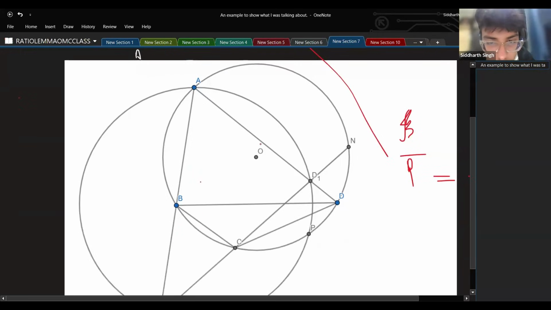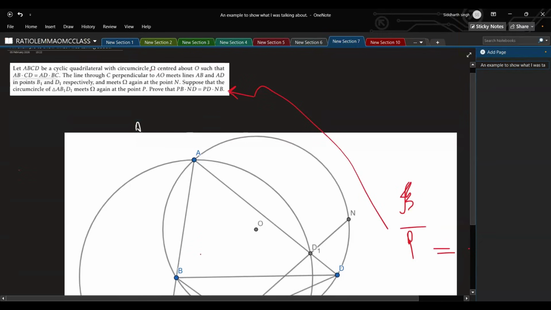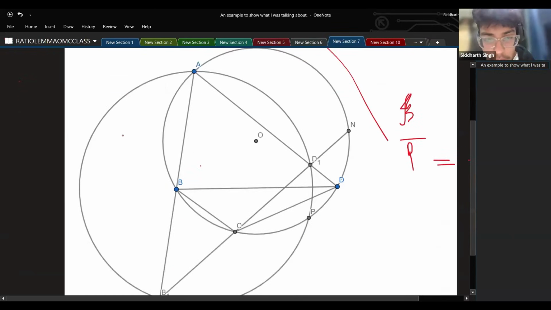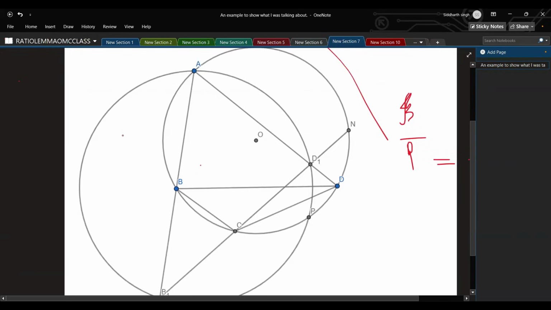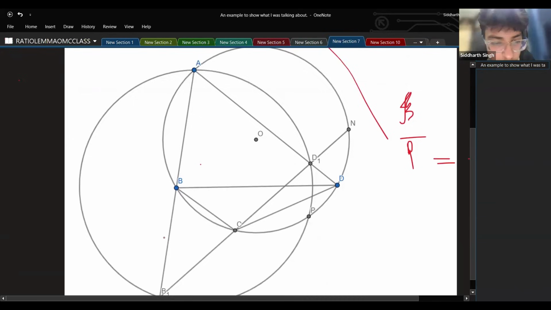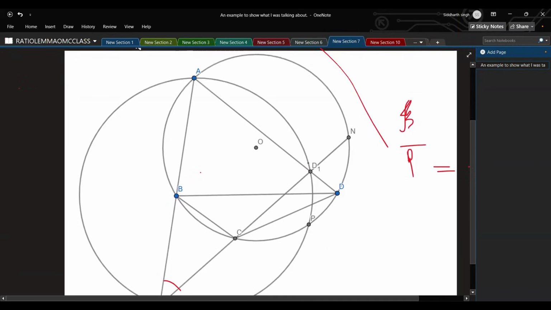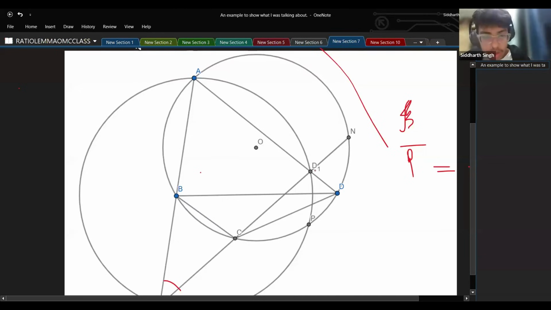So that line gives us CB1A is equal to AD1C. Wait, am I wrong? Yeah, I think I might be wrong here. Okay.